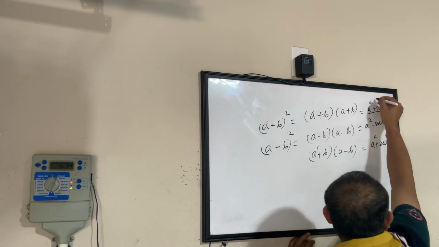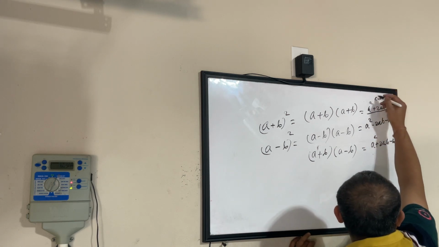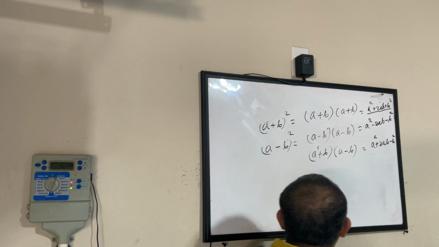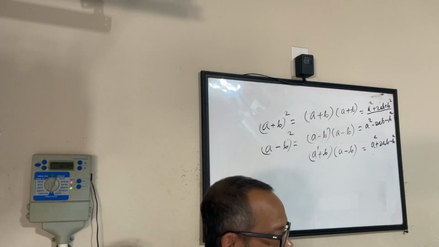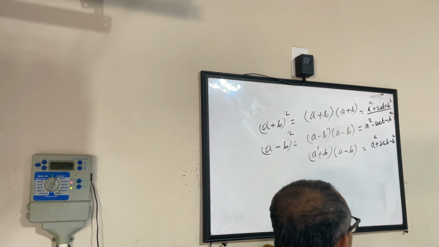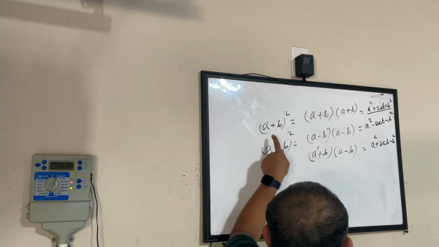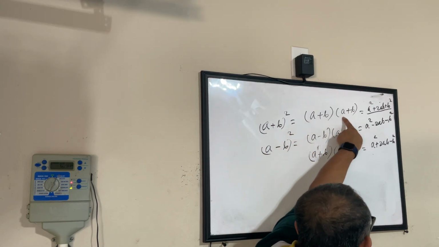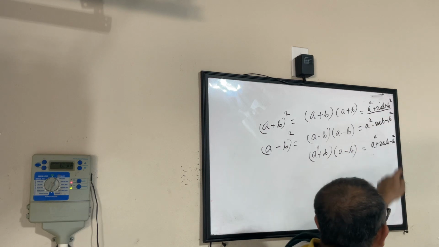A plus b squared. No, I don't need a plus b square. I want the breakdown of that. So for all of them, I want you to find the breakdown. See, a plus b whole square is nothing but a plus b into a plus b, and I want a breakdown of that.